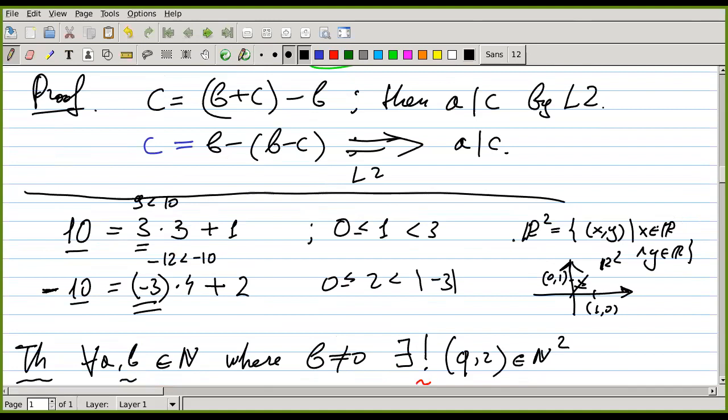We want to find the quotient. How is it possible to do so? We will consider numbers like 3 multiplied by something. 3 multiplied by 0 is 0, so the difference is 10. 3 multiplied by 1 is 3, so here we have 7. 3 multiplied by 2 is 6, so we have 4.